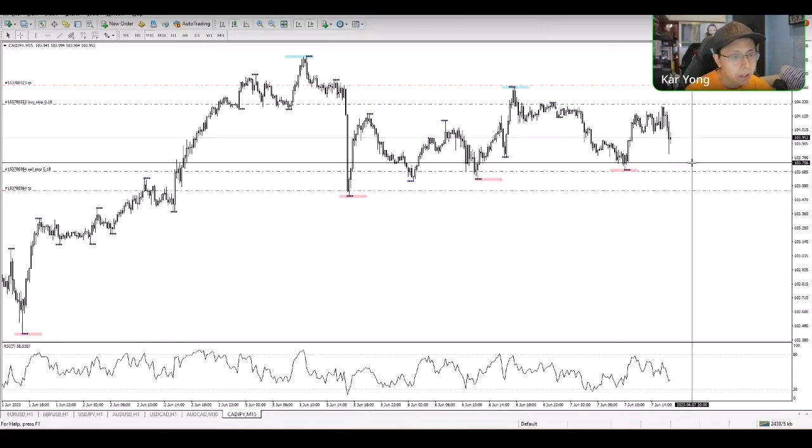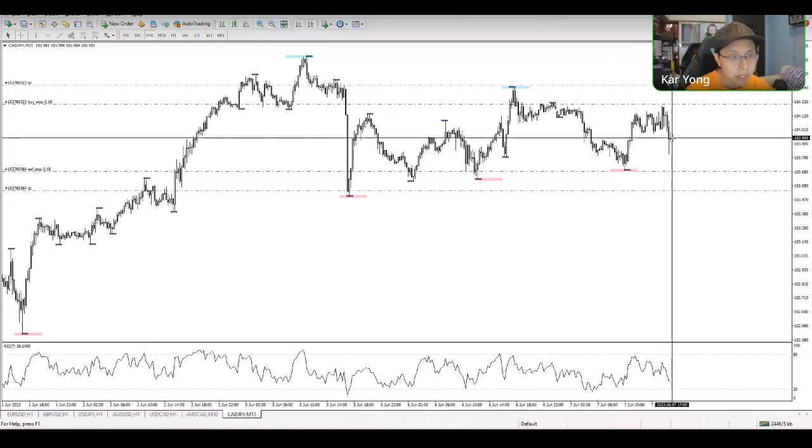Now, the idea here is you can see, right, if let's say the news releases, it needs to take a good trendy pips move to get us in, and then it needs to move another 15 pips to hit our target. So basically from where it is right now, roughly, it needs to move about 40 to 50 pips in order for us to resolve and get out of the buy trade in profit.